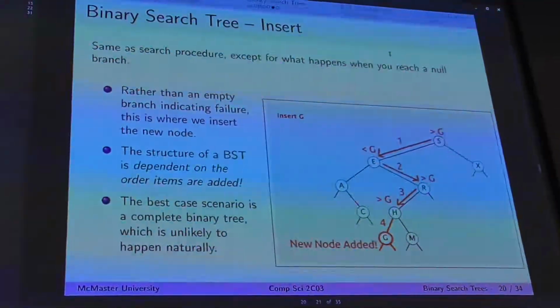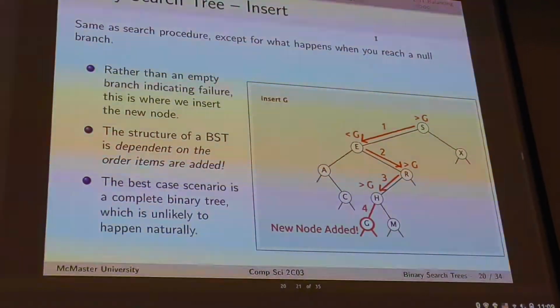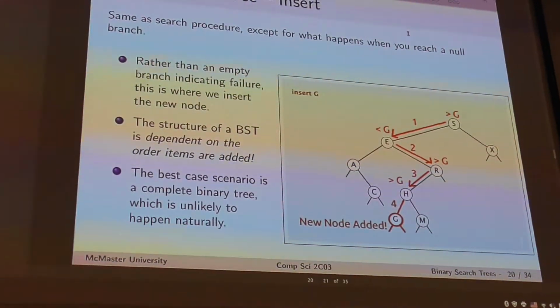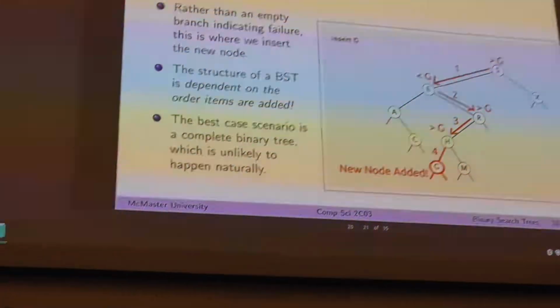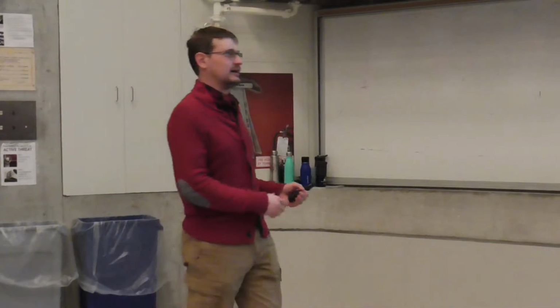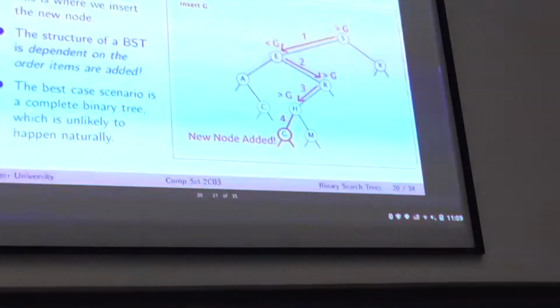In order to insert a new node into a binary search tree, we are always going to be adding a new node at the end of a branch. We're not doing anything funny by adding nodes in the middle of the tree. Not yet, anyway. That's a preview of things to come.